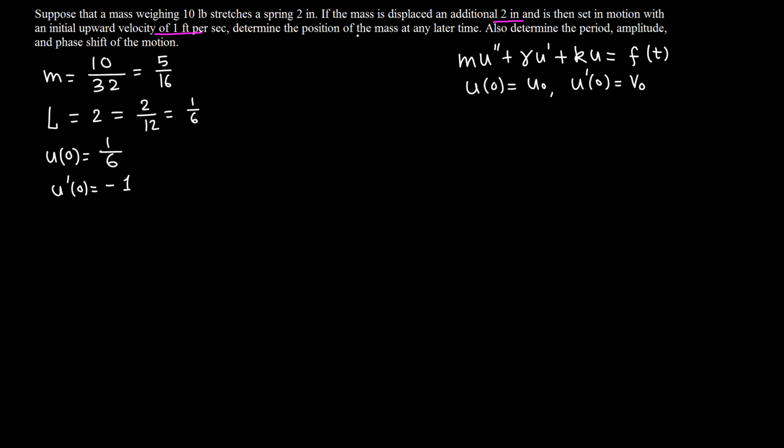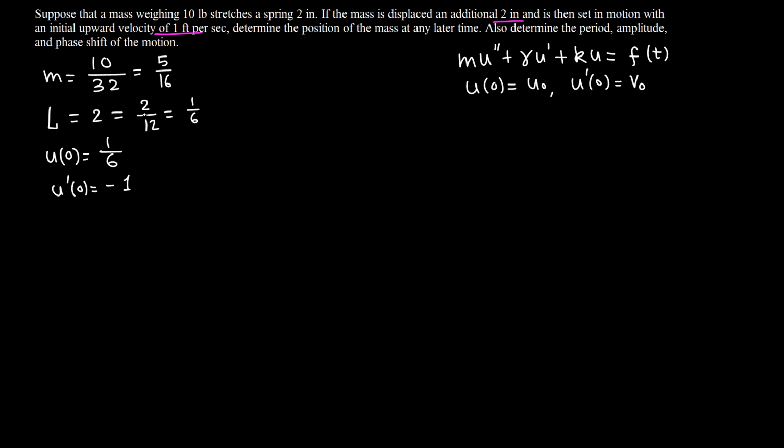Now we need to determine the position of the mass at any later time. Position means u. We need to find the function u in terms of t. Also determine the period, amplitude, and phase shift of the motion. So look at here, this k is the spring constant. We can find the spring constant by this stretched length.